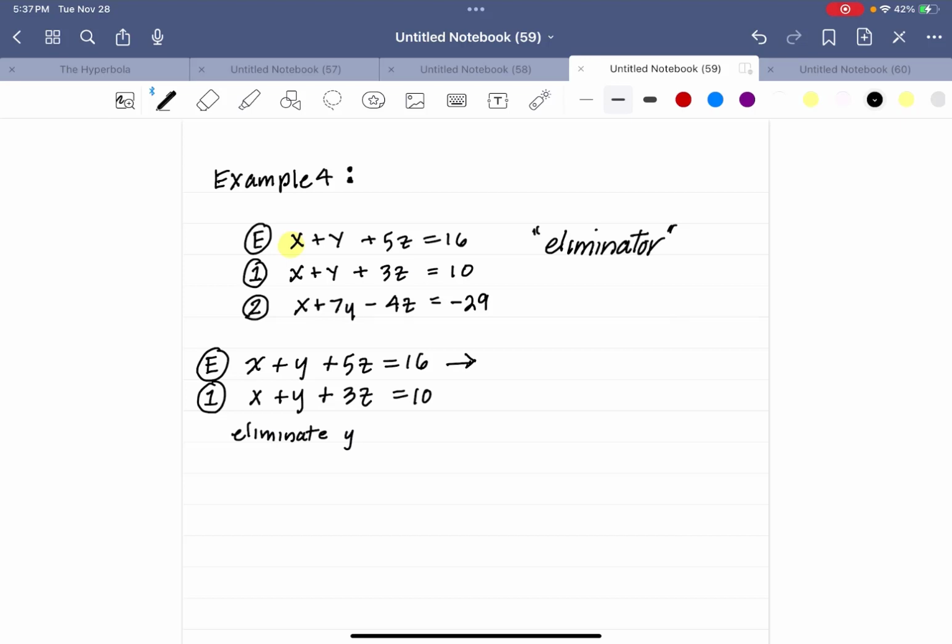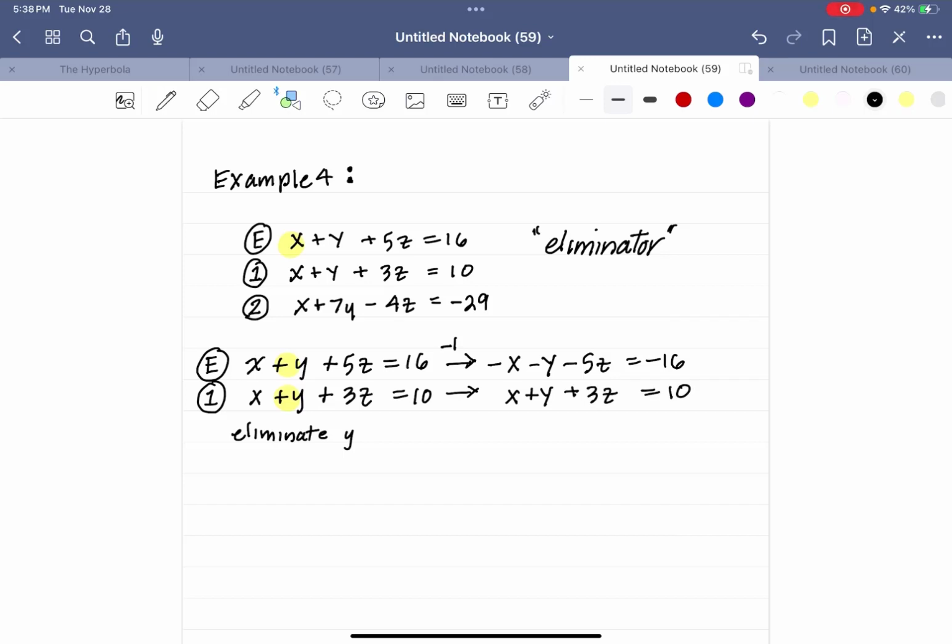So what I'm going to do is multiply this one by -1 because I want to get a 1 here, a -1 there, and a 1 there. So I have -x, -y, -5z is -16. And then I'm doing nothing to the bottom one, so I just write it over here underneath.